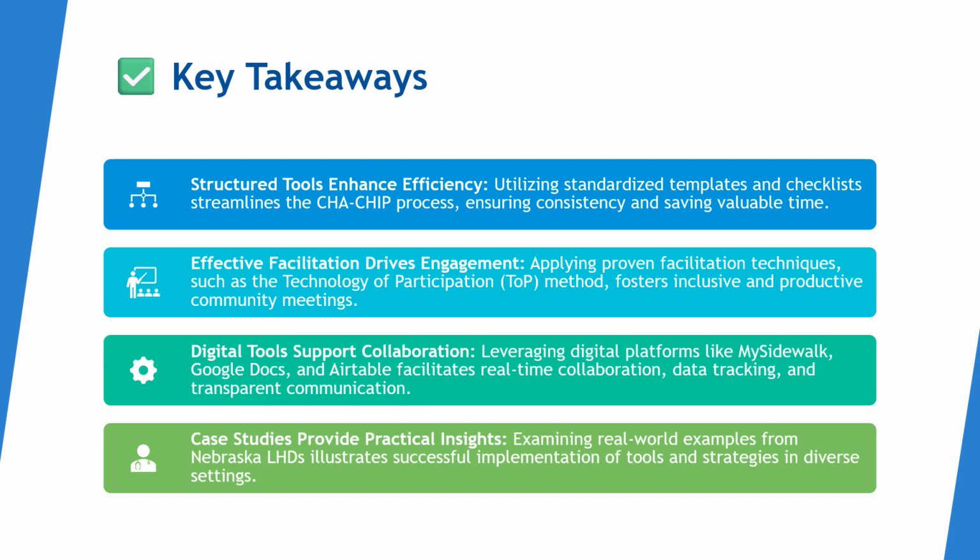I tried to present a little bit about effective facilitation driving engagement, with the TOPS facilitation method being the most common. Talked a little bit about digital tools supporting collaboration, so My Sidewalk, Google Docs, just Excel, all kinds of different resources out there. Really, it's just about sharing and being on the same page. And then there were a few case studies about practical insights: you do a survey, you have a digital copy, you have a physical copy, you do conversations, interviews, and then it all converges together to help you identify priorities.